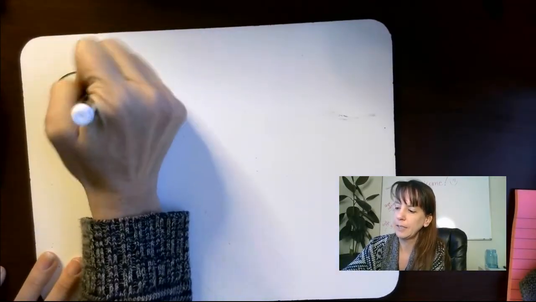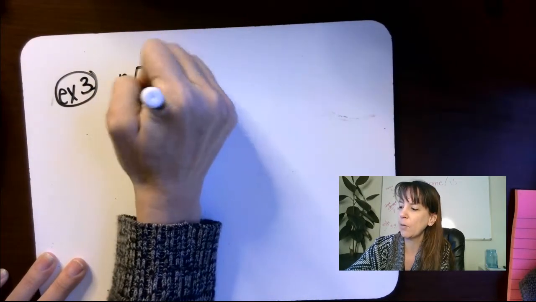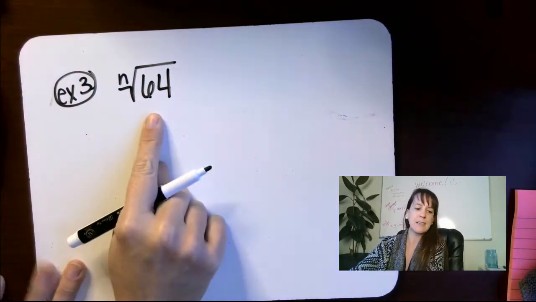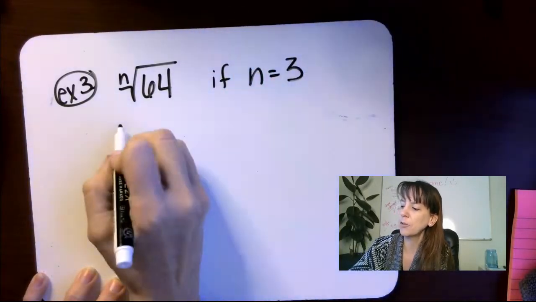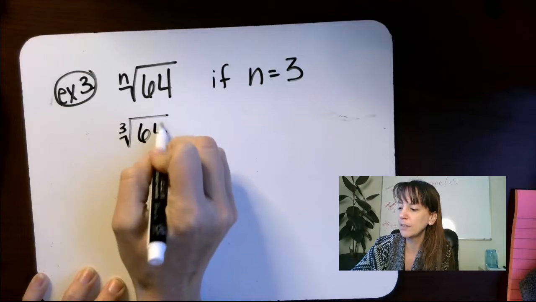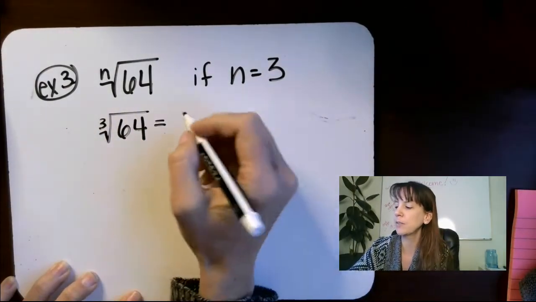All right, so then example number 3. We have the nth root of 64 if n equals 3. Well, we have to find something to the 3rd power which will give us 64.